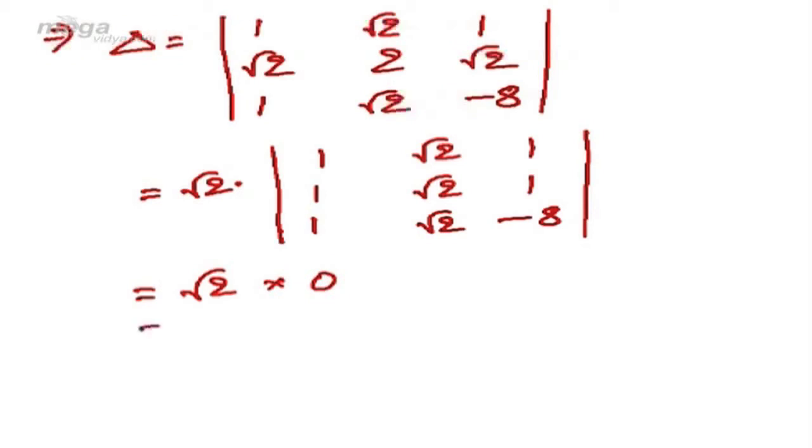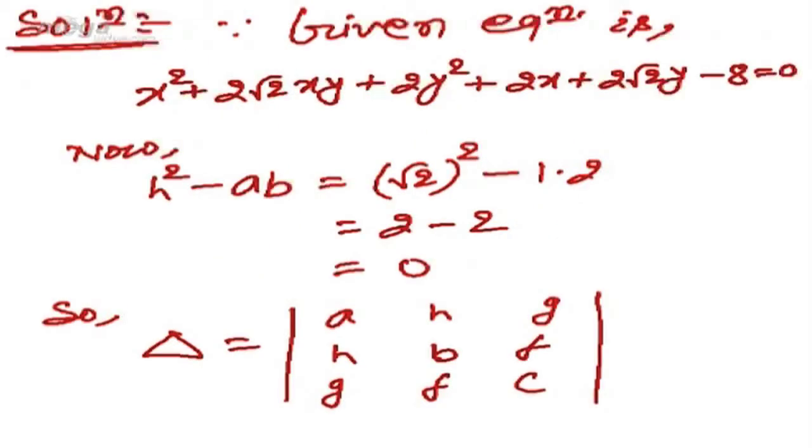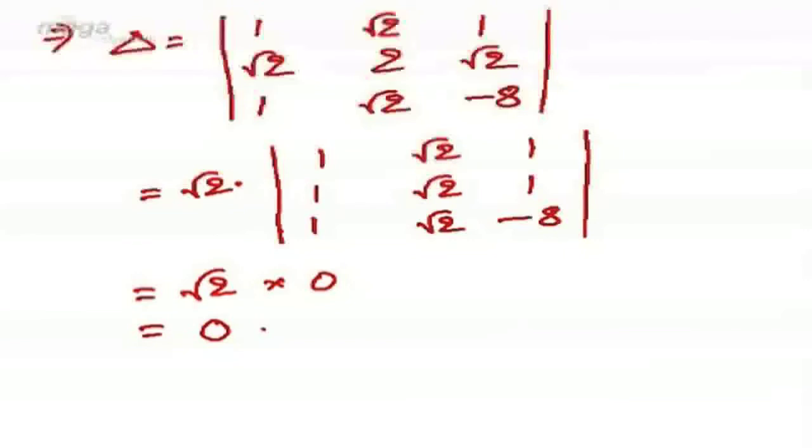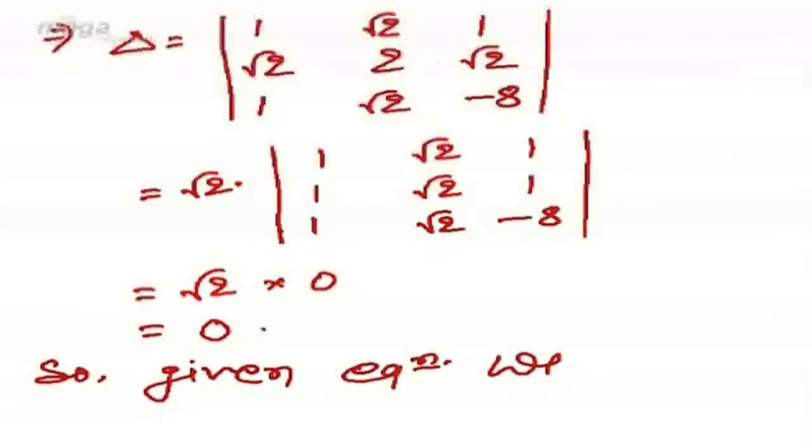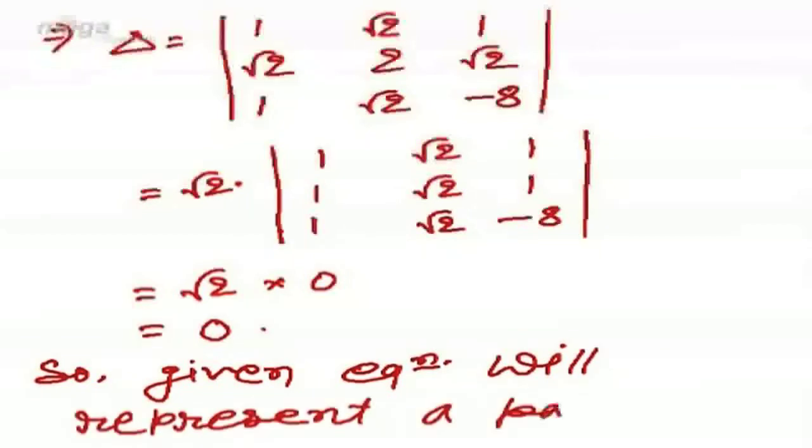So root 2 into 0 is equal to 0. Hence we get that the determinant is 0 as well as h square minus ab equal to 0. So this equation will represent a pair of straight lines, as well as a pair of parallel straight lines. Hence we can write here: the given equation will represent a pair of parallel straight lines.